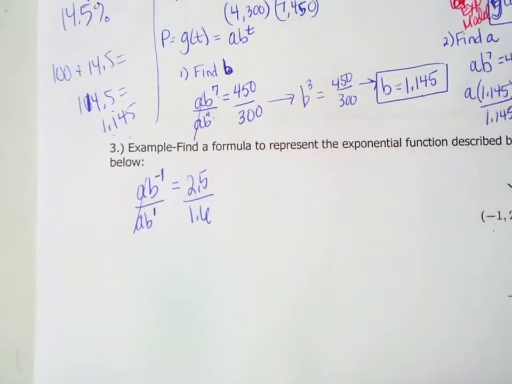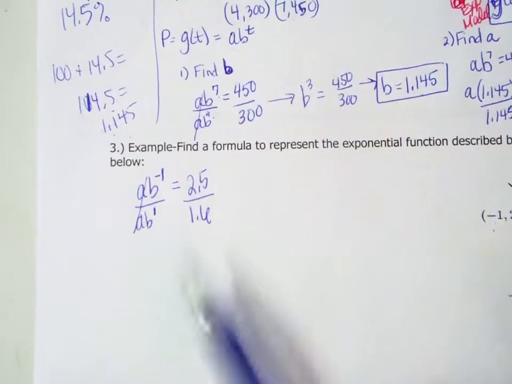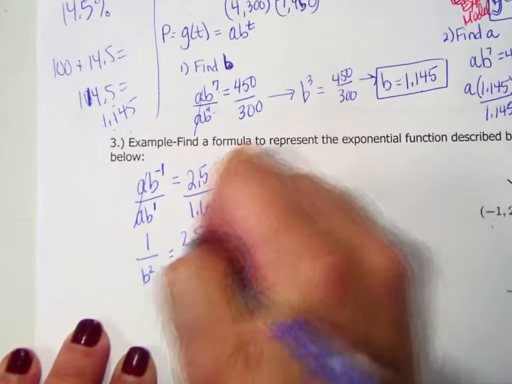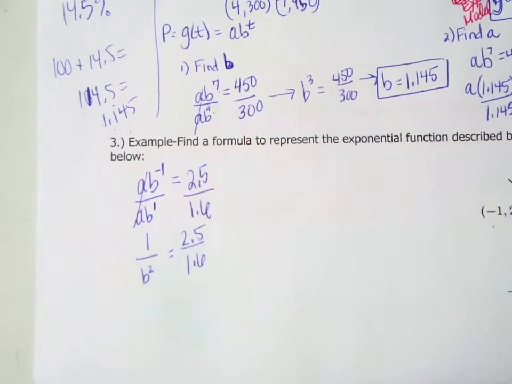All right, in this case, again, those a's cancel out. And then we need to simplify our exponents. So b to the -1, how do we simplify that? How do you simplify a negative exponent, people? Move it to the bottom. So we would have 1 left on top over b squared equals that 2.5 over 1.6.